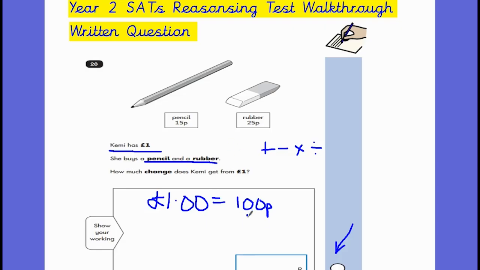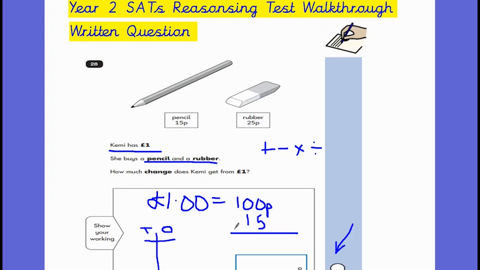So 100, take away 15, okay, and then take away 25, because she's bought both of those things. Or they could add 15 and 25 together, which makes 40, and then take away 40 from 100.